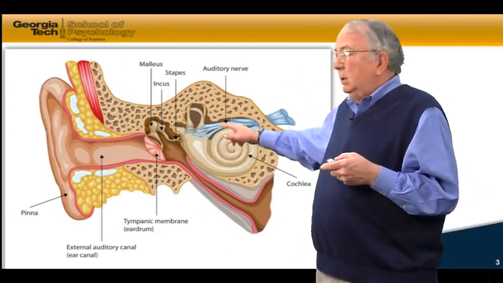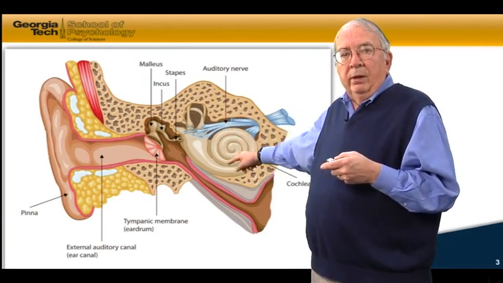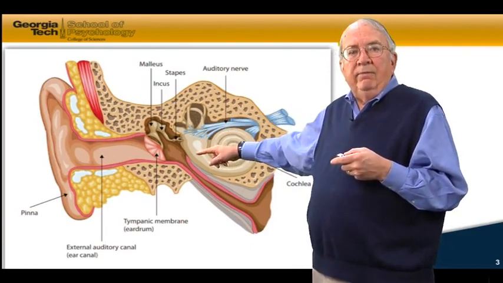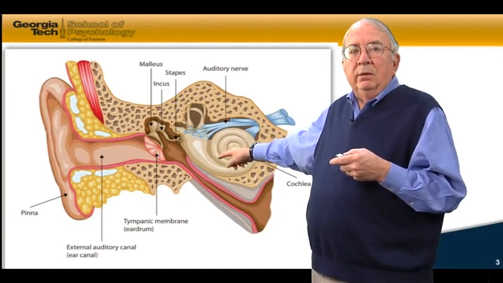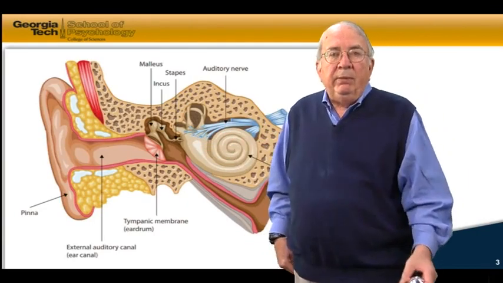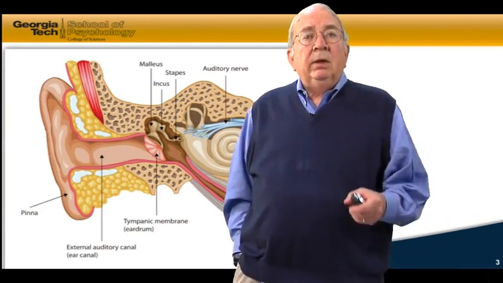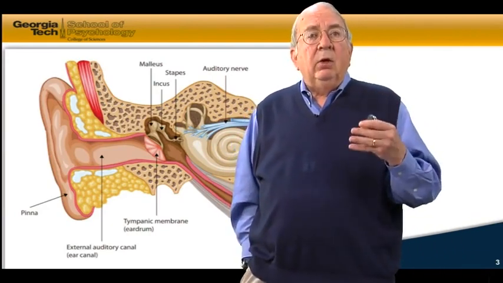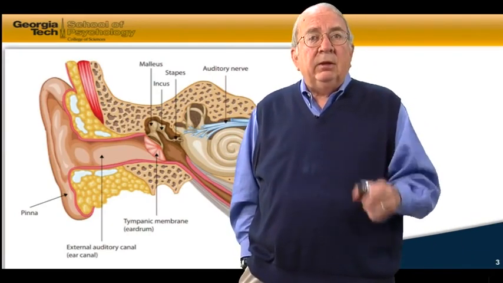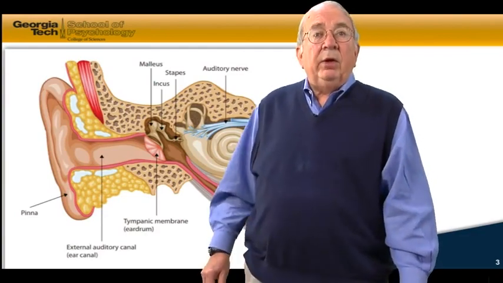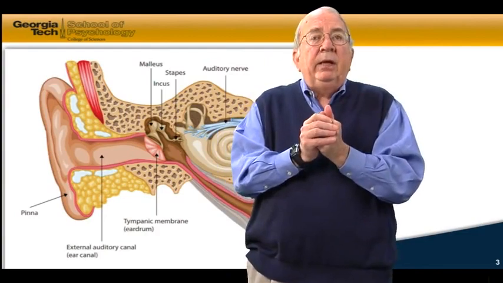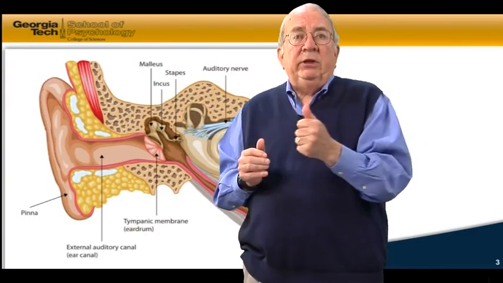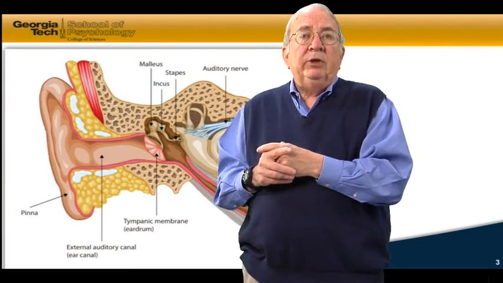Now the cochlea is wound up here, and as the information comes in from the round window, it travels through that area and stimulates different parts of the receptor cells located in the cochlea. They're hair cells, located in something called the organ of Corti, and they are stimulated by different frequencies of the information coming in.